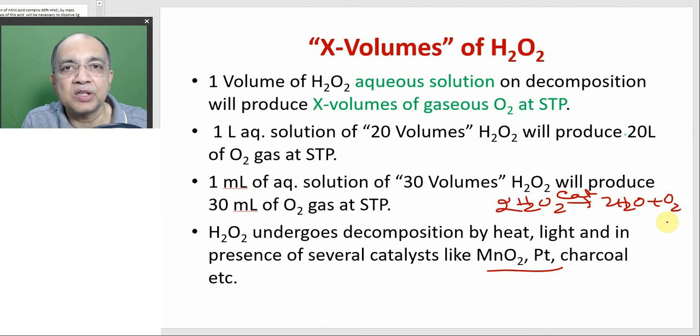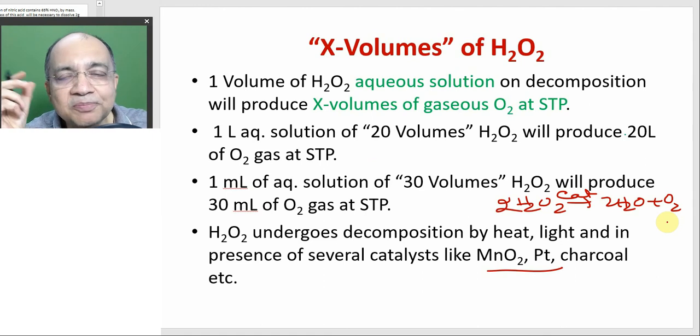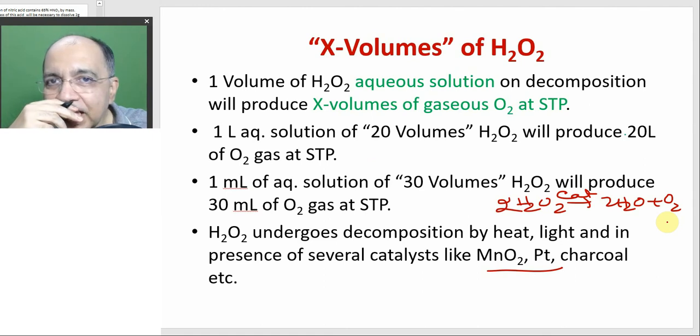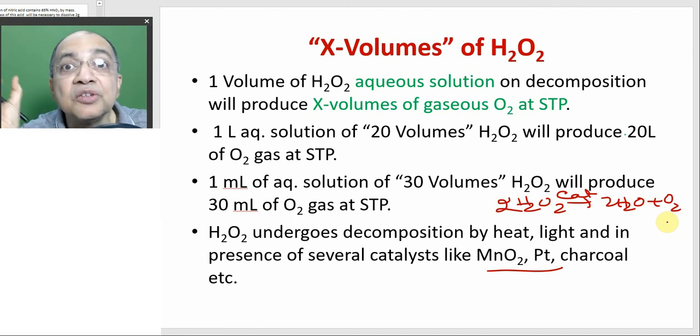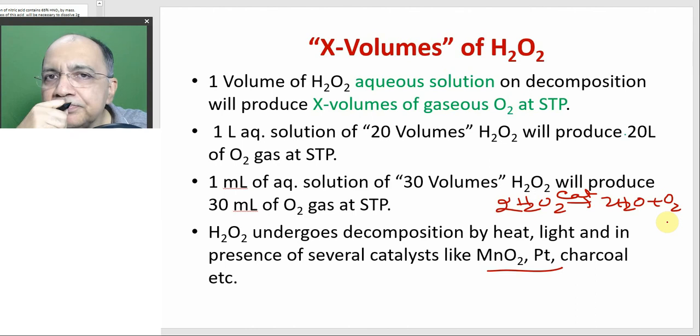That's the big difference where students get cheated. Supposing you have bought a hydrogen peroxide bottle to your home, written 30 volumes. Tell me, what does it mean?